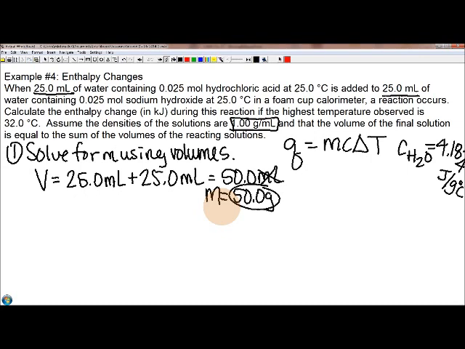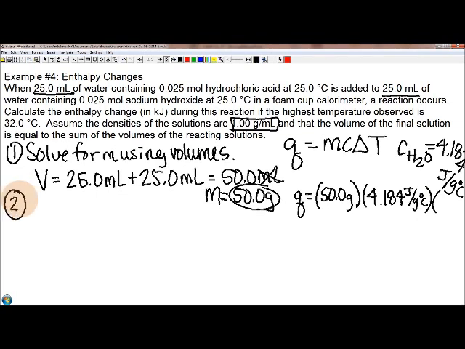Okay, so now we can fill in mass to our equation. We know what c is, so we can go ahead and put that in. And last, we need the change in temperature.